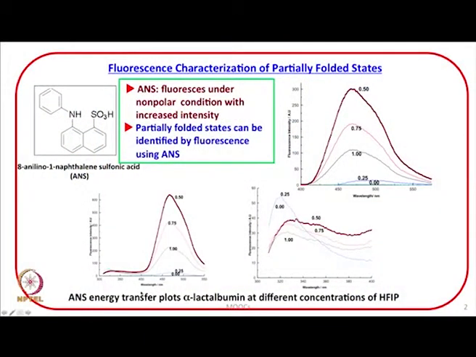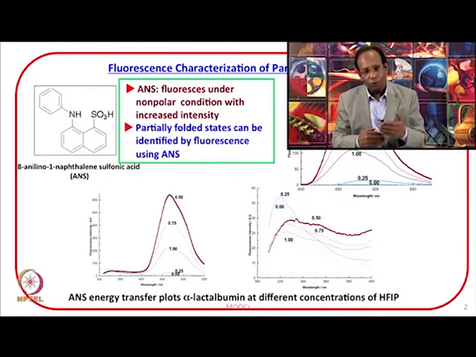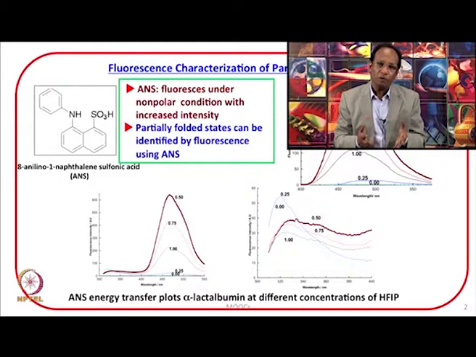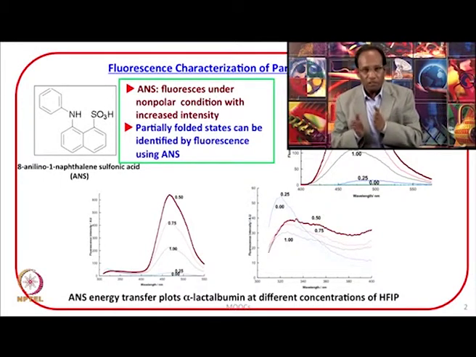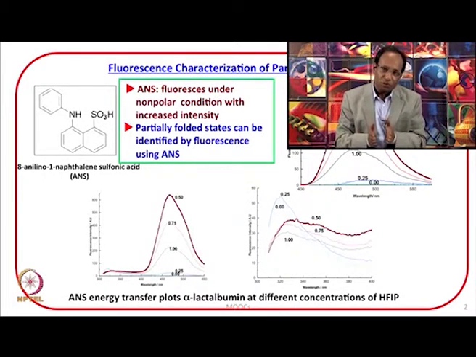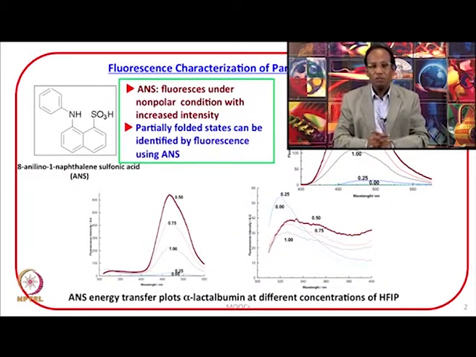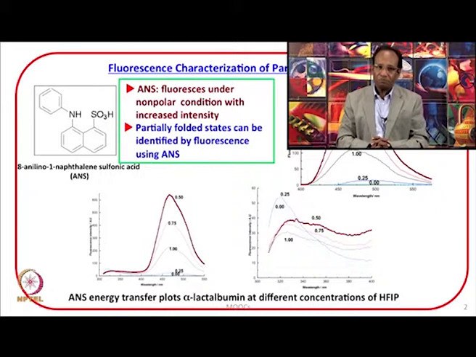For example, the wavelength at which the tryptophan emits coincides with the wavelength at which ANS absorbs, so therefore energy transfer is possible. And since the unfolding of protein also changes the environment of tryptophan, that is why the energy transfer can also be used to correlate the changes with the conformational changes in the protein.